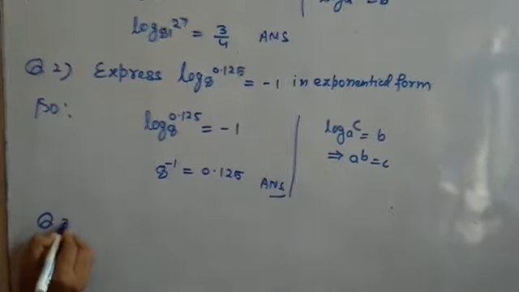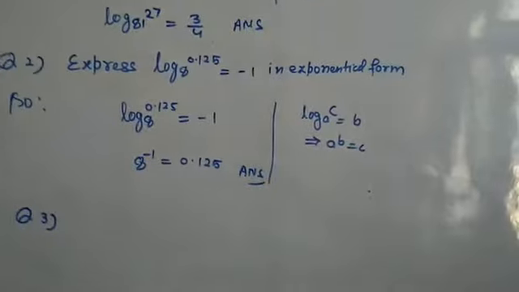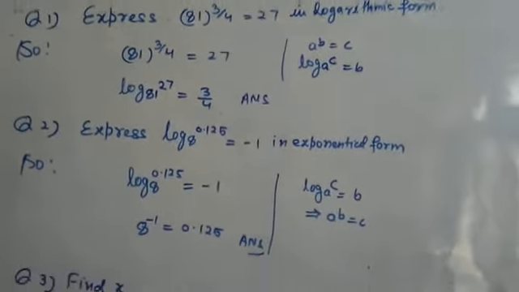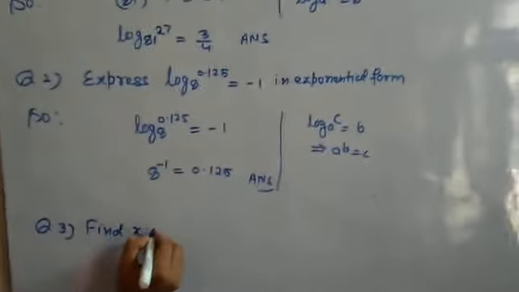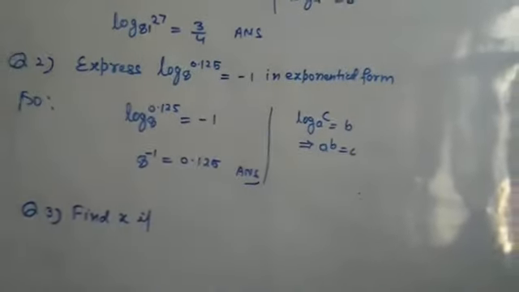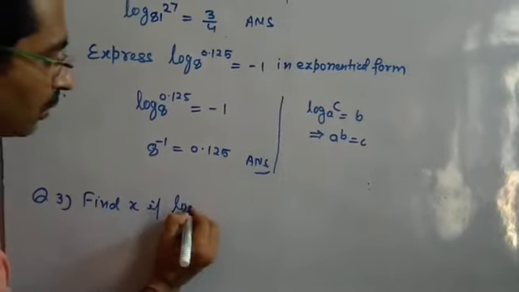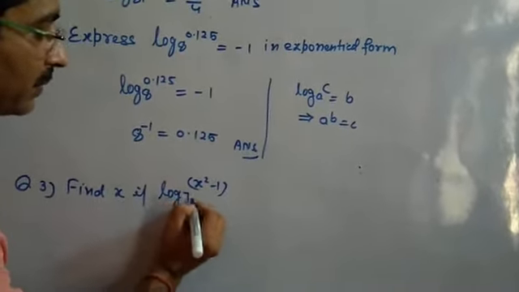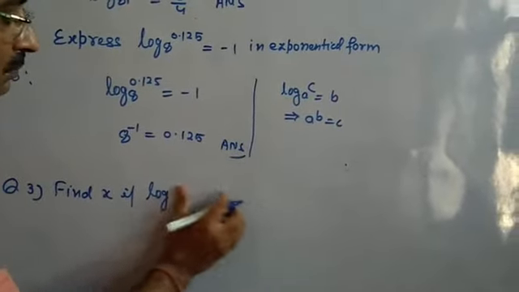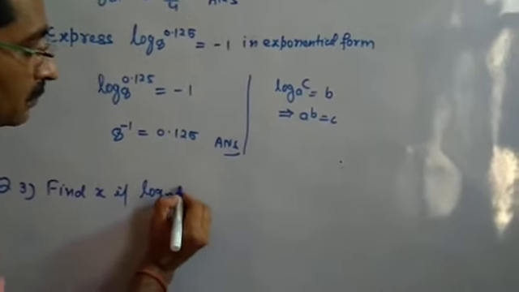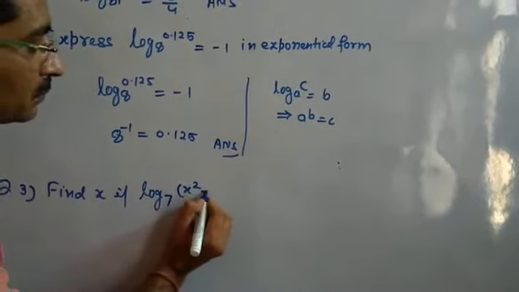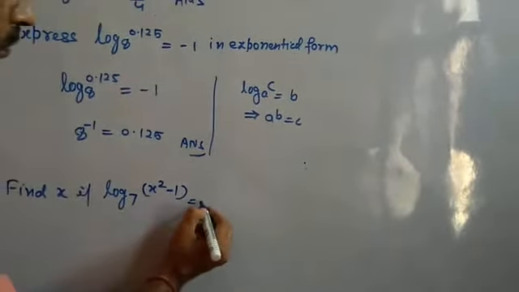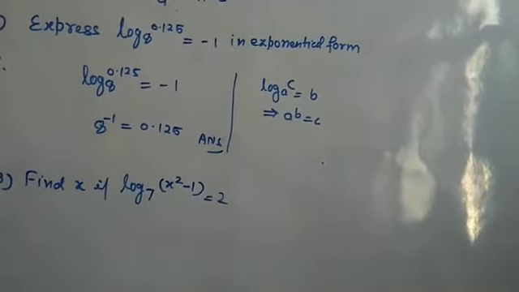Question third. Find x if log x square minus 1 at base 7 equals 2. This is given.